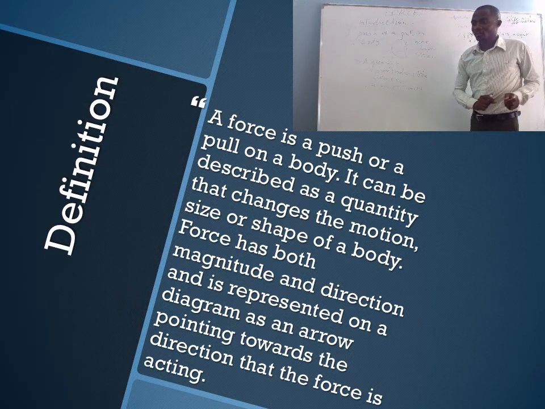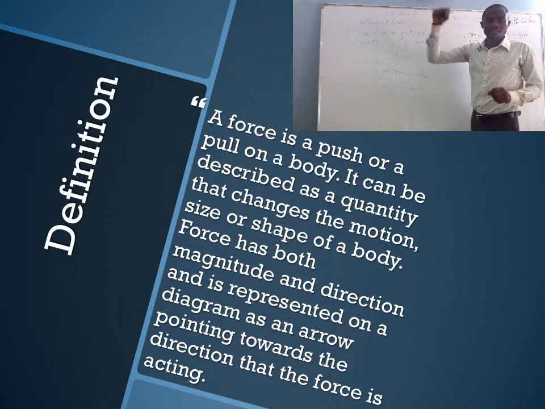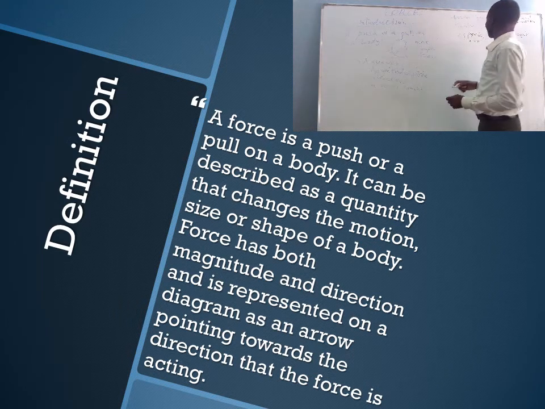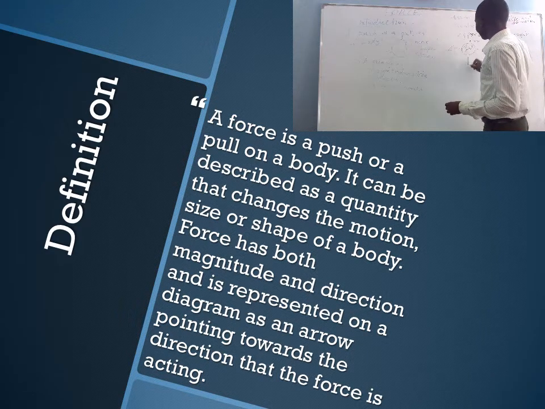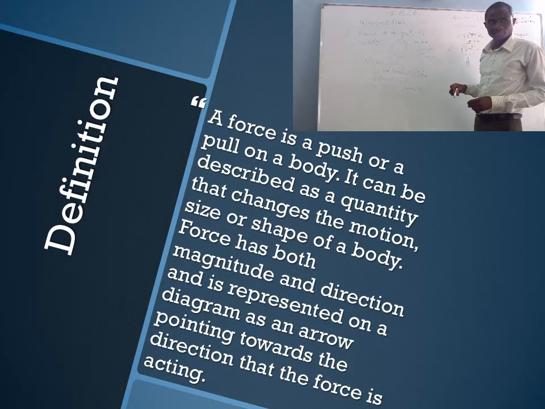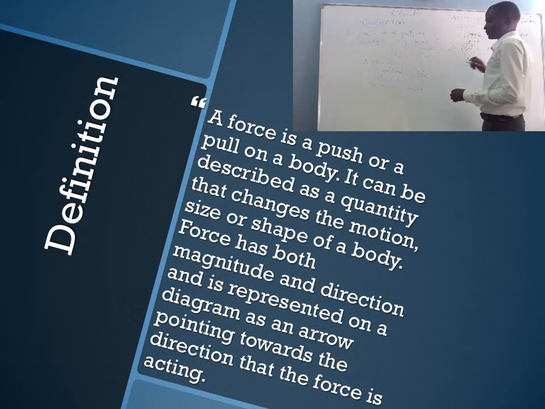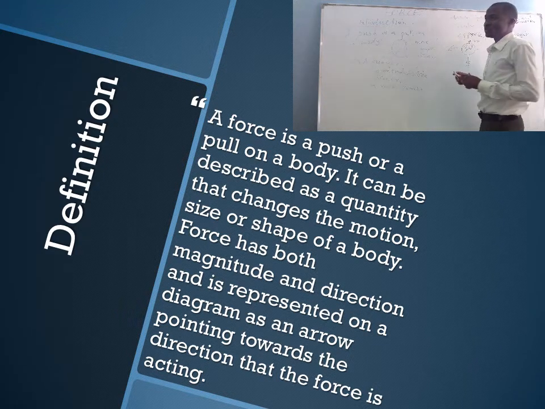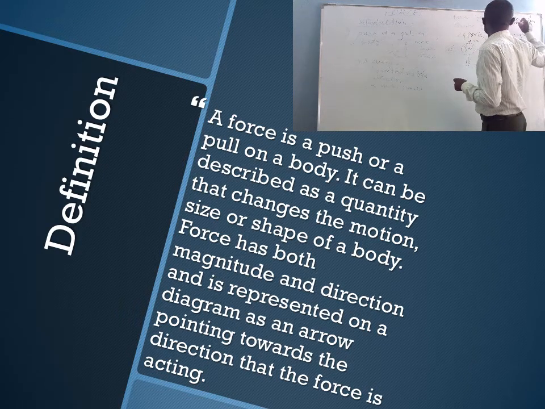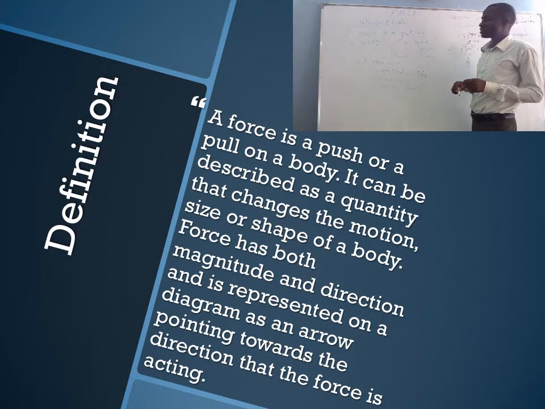Is it acting horizontally, upwards, downwards, or sideways? For example, a force of, say, 3 newtons must act in a particular direction, whether eastwards, westwards, southwards, or northwards. Another one is pressure. Pressure must act in a given direction, and so when we're describing the pressure, we must give the size of that pressure and the direction in which it is acting.